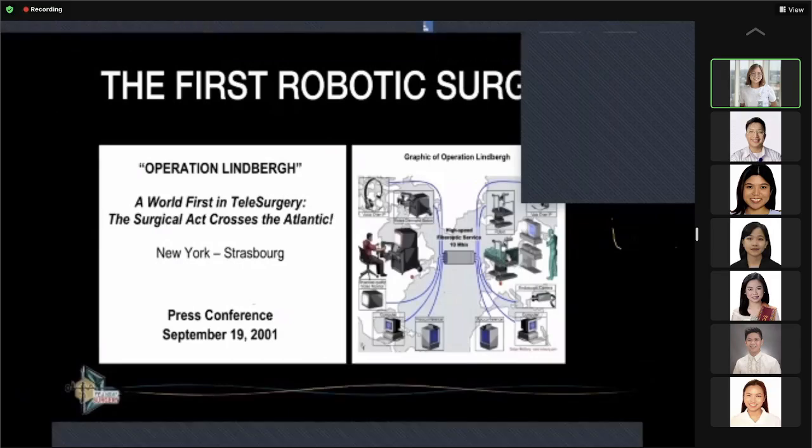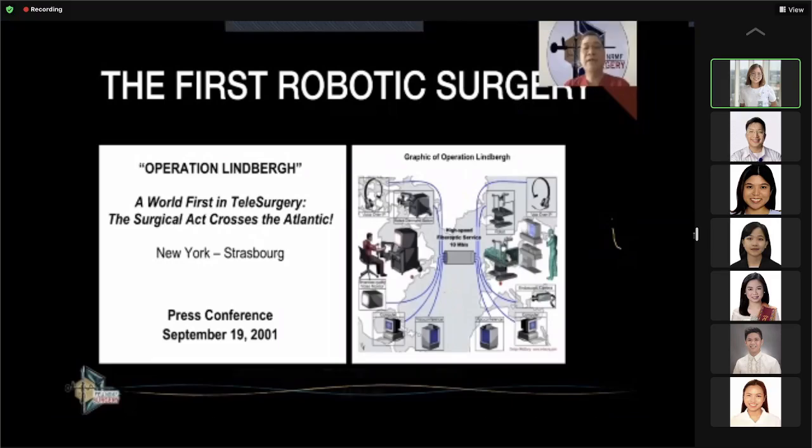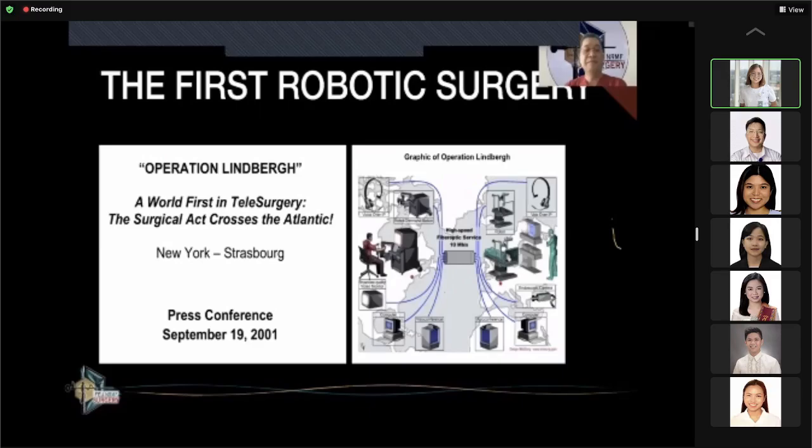You can see that he performed the procedure from France, and the patient is in New York. So it's quite a distance, no? That the surgeon is controlling the procedure from his operating theater at Strasbourg, France.